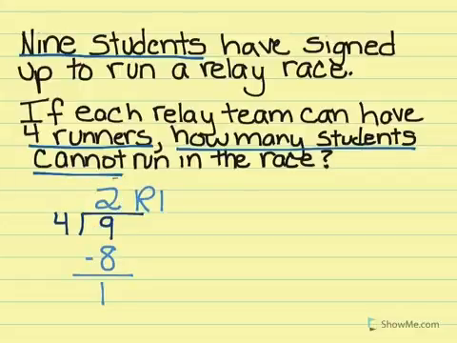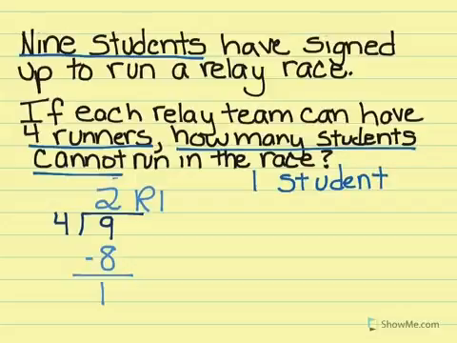But we're going to have somebody left over not on a team. In this case, our remainder is the answer. We're going to have 1 student who cannot run in the race.